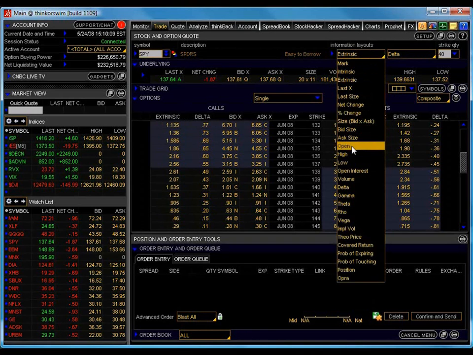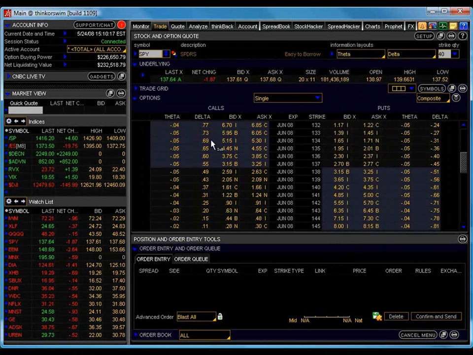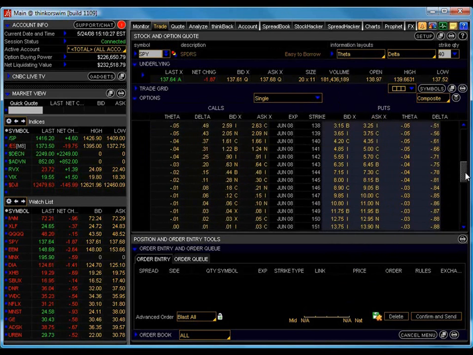Bid size, ask size, open interest on an option, its delta, its gamma, its theta. If we were to determine the theta of these different positions, you can see that the most theta is derived from those options right around the in the money. As we get farther and farther out, the theta decreases.